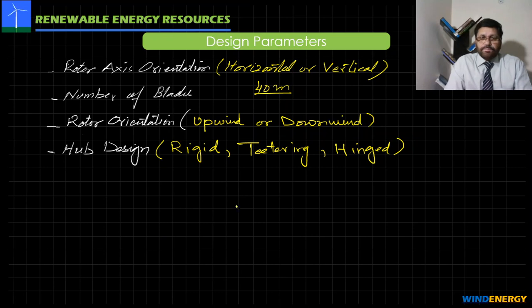Now let's say we have a two blade wind turbine. Now these blades are permanently attached or welded with the hub. So this is for the case of rigid. So it has to sustain all the pressure because of the wind difference at the tip of the top blade and the tip of the bottom blade or any other effect. So this is the rigid, and this may be suitable for the small size wind turbines, but this is not suitable for the large size wind turbine.